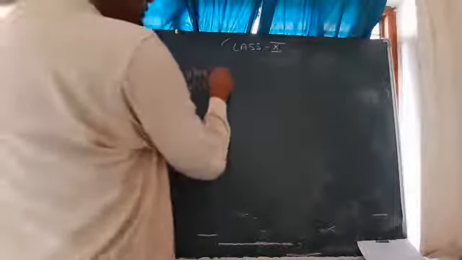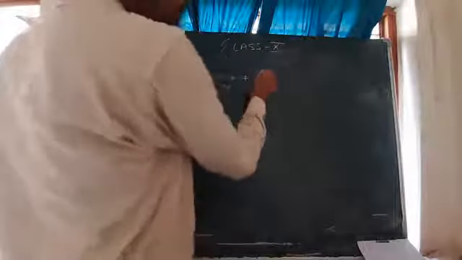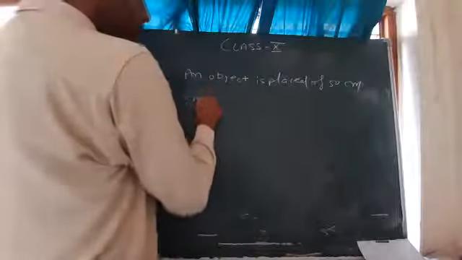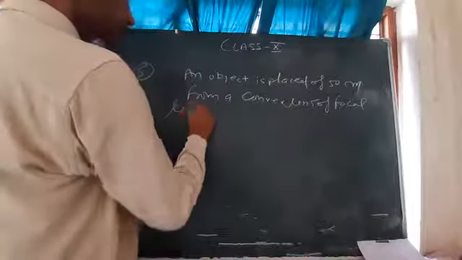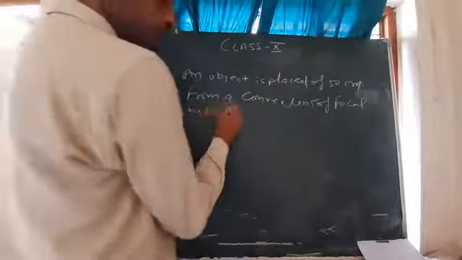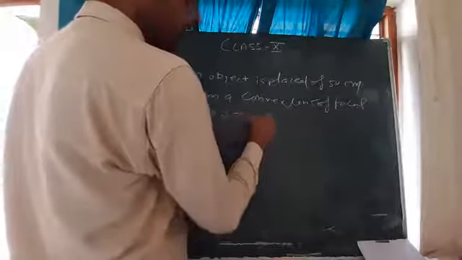An object is placed at 50 centimeter from a convex lens of focal length 25 centimeter.